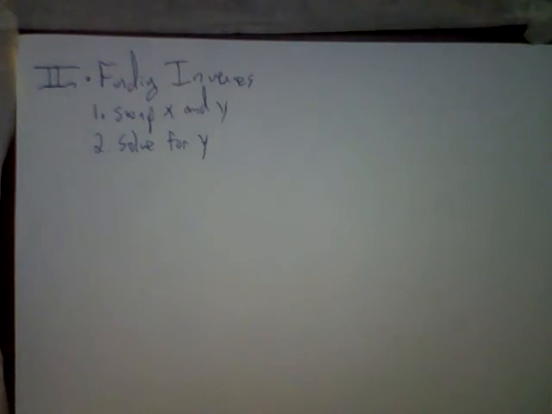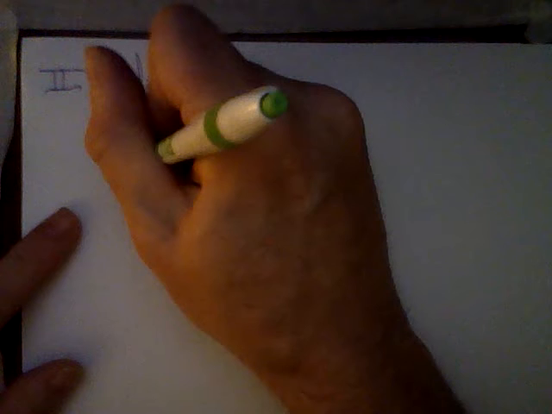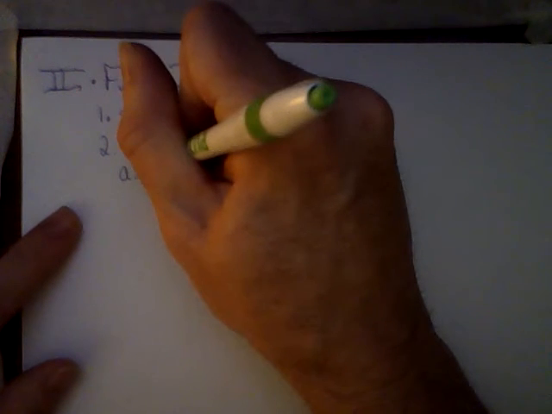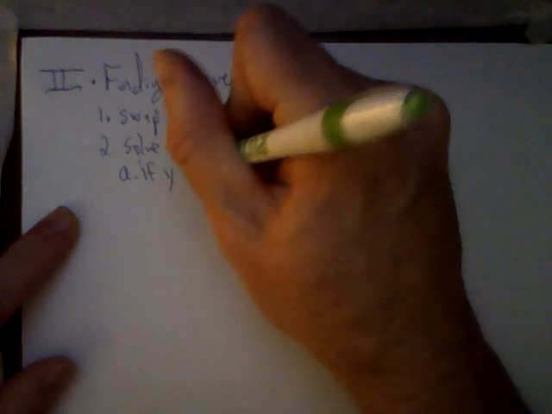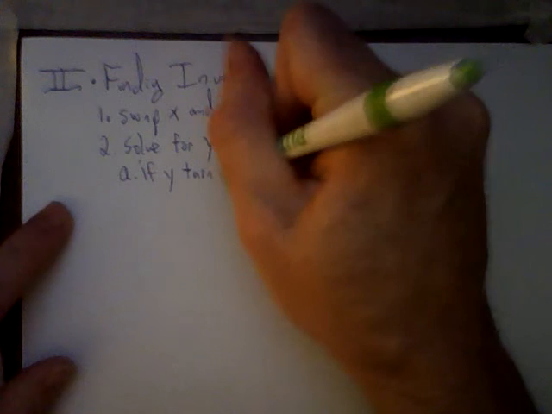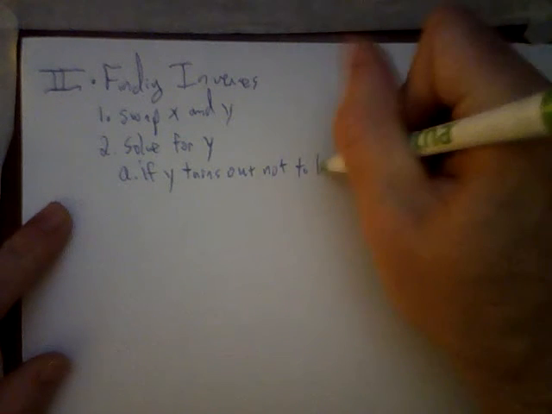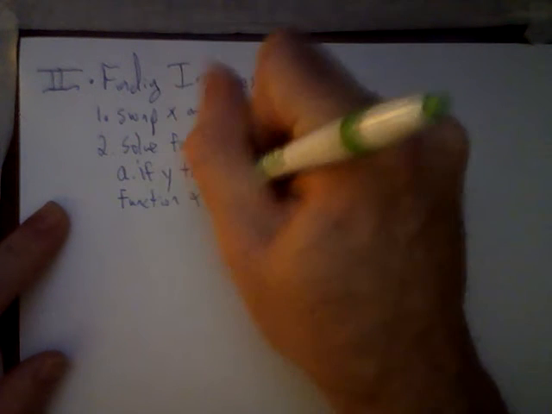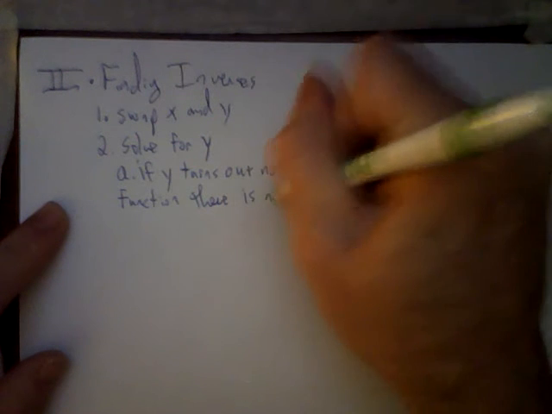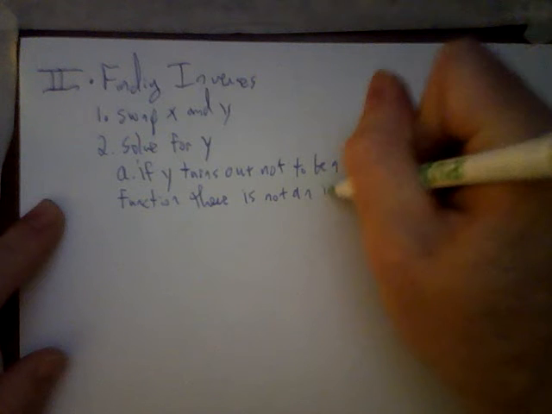The book will note if y isn't a function, then there isn't an inverse. Okay, so if y turns out not to be a function, there is not an inverse.